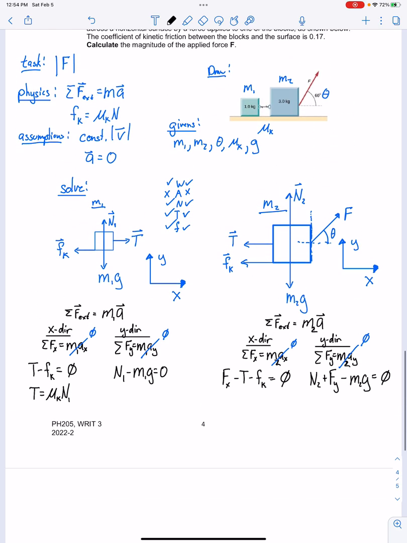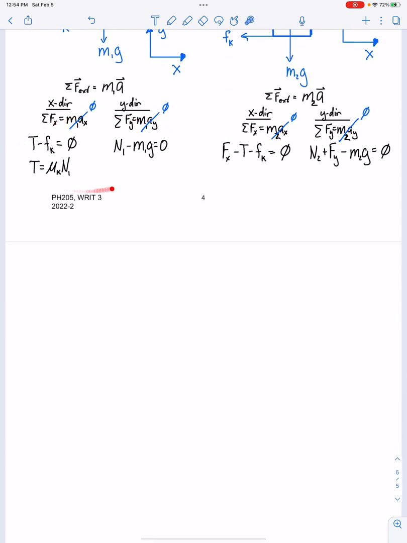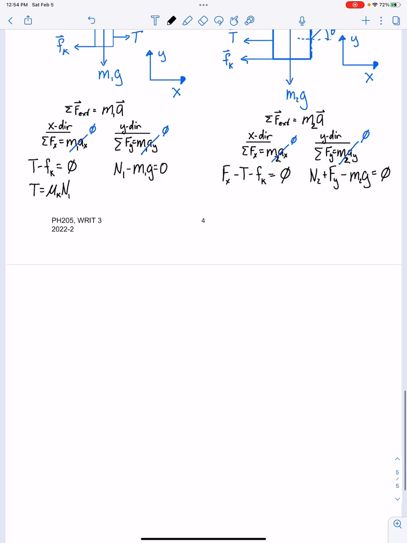We're going after F. Well, there's no F here, right? There's actually no F in this side at all. You probably would have started in 2 going after F, but you'll see you need what's in block 1 anyway. And now we'll simplify the y direction. We get N1 equals m1g. That's as simple as we can go there.